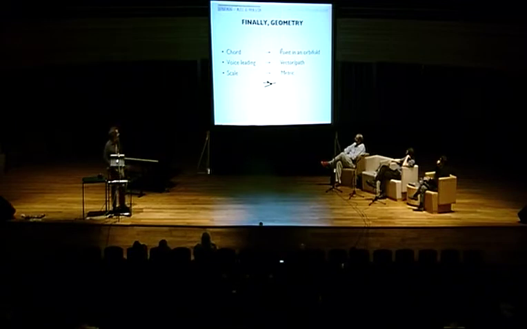Meanwhile, on the mathematics side, these are pretty standard undergraduate math objects, and you don't have to do a lot of fancy footwork to associate these two things. There's a natural translation between what musicians are doing and what geometers are talking about.